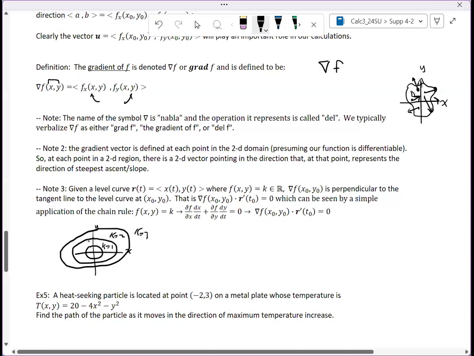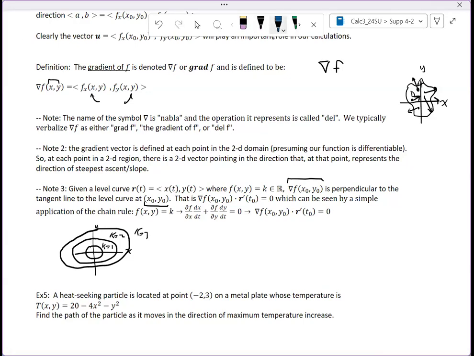K equals 3, and so on. So given that we have a particular level curve that we're interested in, where that curve is given by r of t equals x of t, y of t, the claim is that the gradient of f at a given point is perpendicular to the tangent line to the level curve at that same point.